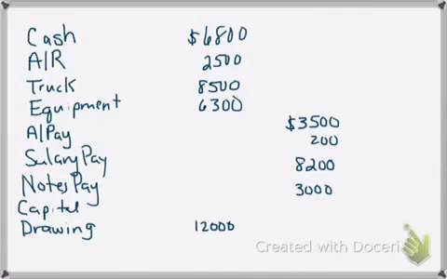When we get through with that, we would put in our revenue, and we have service revenue. And service revenue is $31,900. I'm going to move over to the next page since I don't have enough room to finish, and I will list out my expenses.